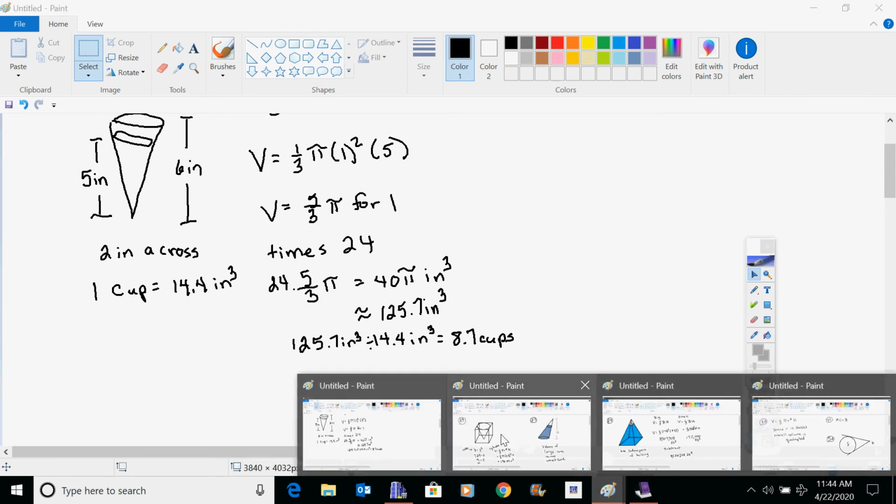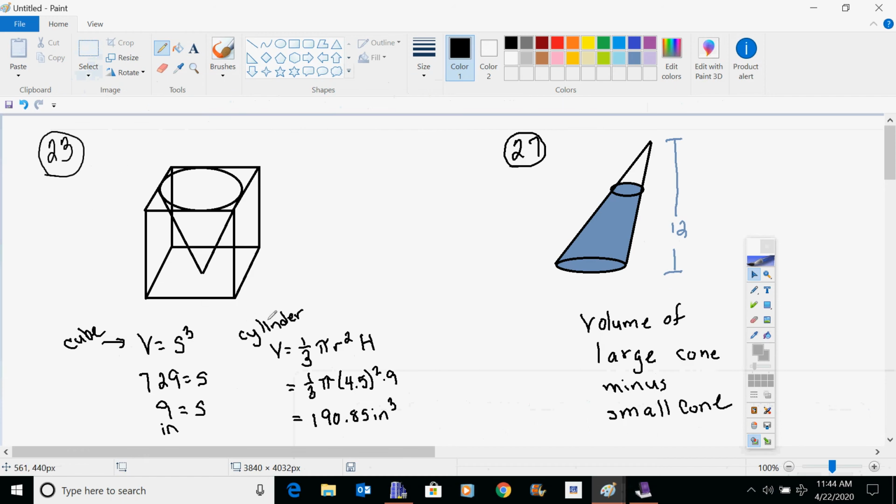Let's move on. Question number 23 was also asked, and I drew a picture to go right along with it because it was very verbal. Sometimes drawing a picture, a mental picture, can help. It said you had a cube, and we know that cubes have all equal sides, and there was a cone in it so that one of the faces held the circle and the actual point of the cone went all the way to the other side of the cube.